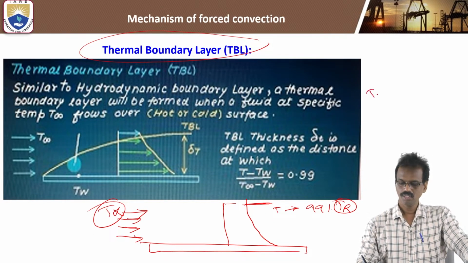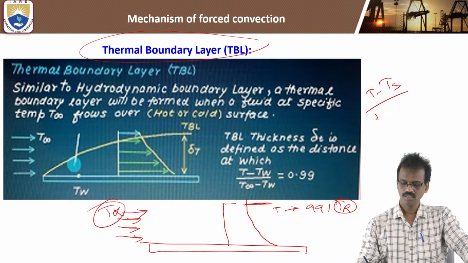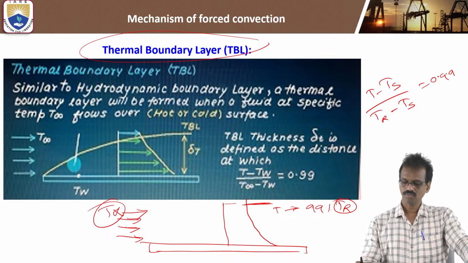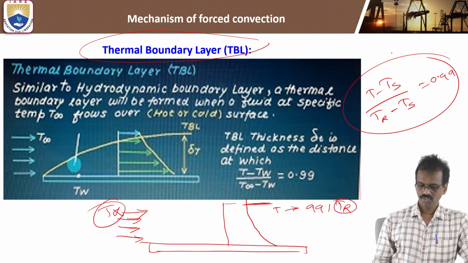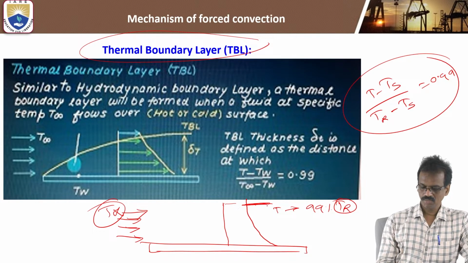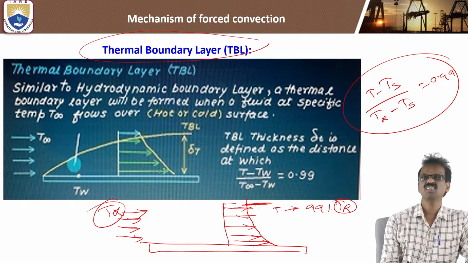So (T minus Ts) by (T infinity minus Ts) is equal to 0.99. By this formula, at this point the temperature decreases, initially high because this is the solid surface, a high temperature body.